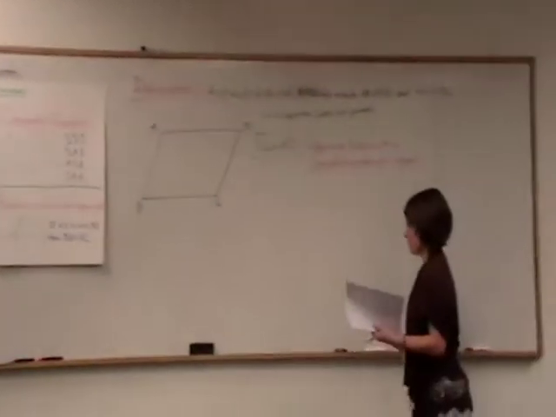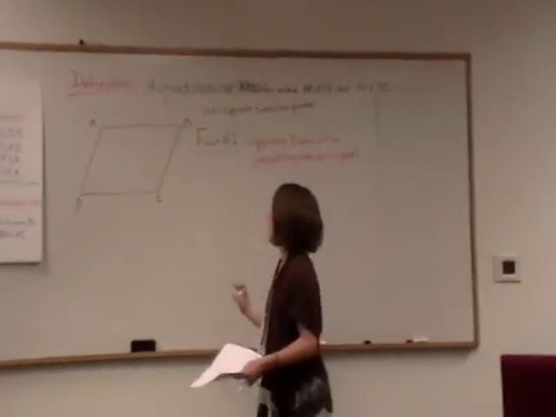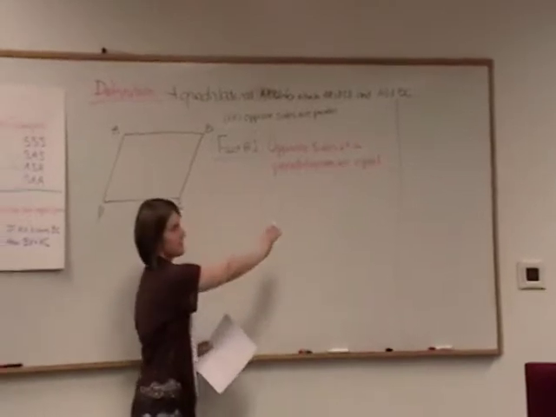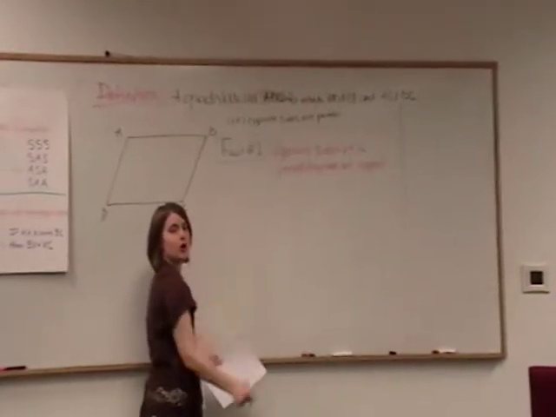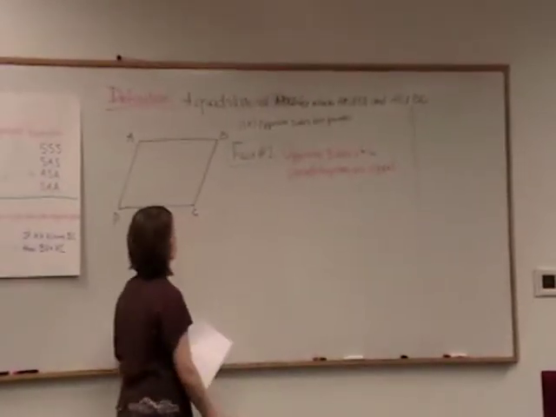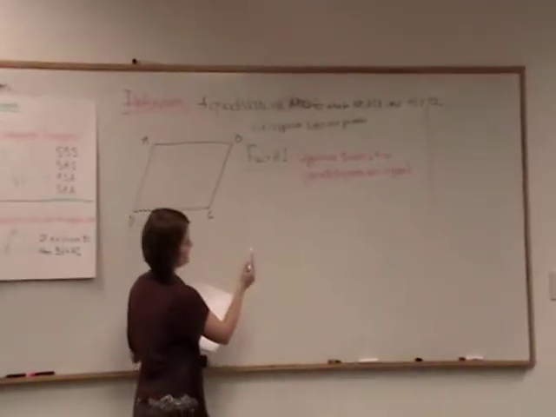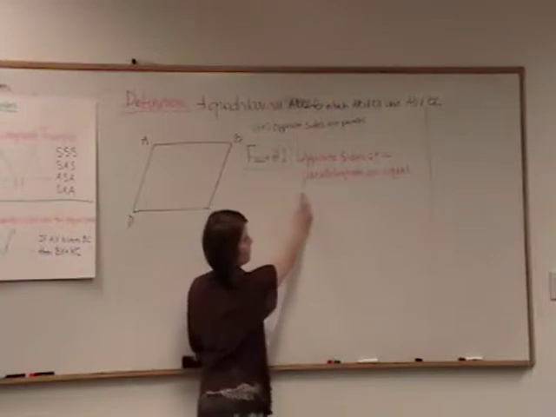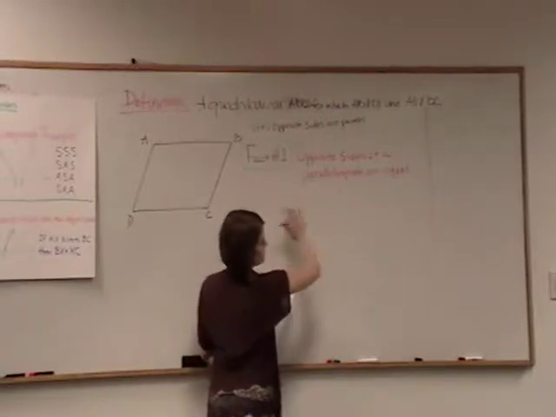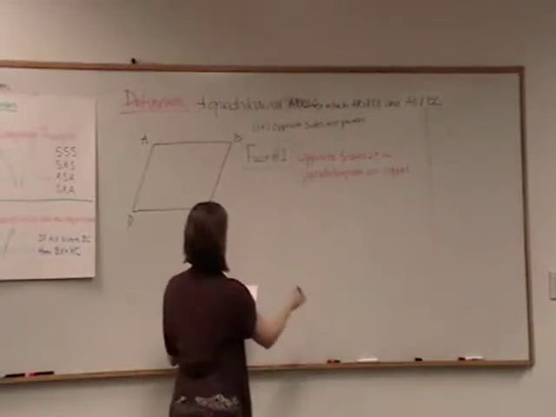Okay, guys. Fact number 1 for today is that opposite sides of a parallelogram are also equal. Starting out with proving this fact, all that we know for sure is that we're working with a parallelogram, and we want to show that the opposite sides are equal.